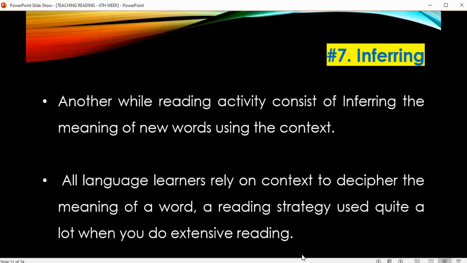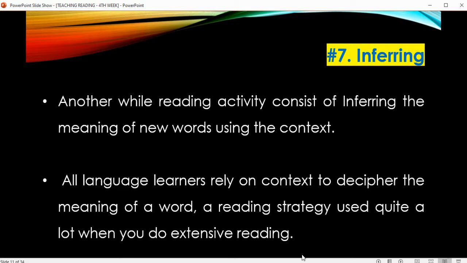It's your option, all right? It's a free voluntary reading. This is the extensive reading. Remember, it's different from the intensive one, right? Intensive is more related to the analysis of the language. But here you have the extensive reading because you like it, because you want to learn something new.